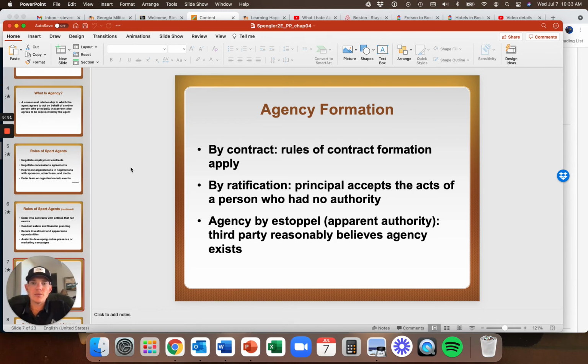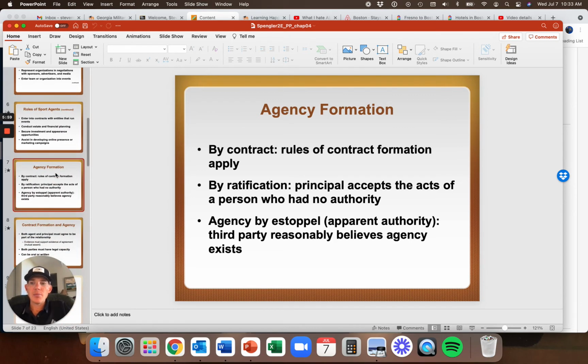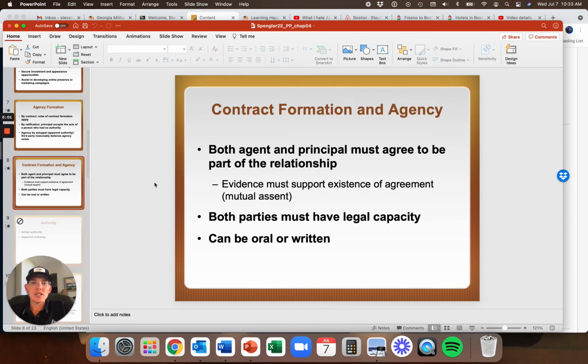Okay, so agency formation, basically looking at by contract, rules of contract formation apply. So putting together a contract that both parties agree to. That's the goal. You want to protect both yourself and the individual you're working with. For example, anybody who's worked in personal training.